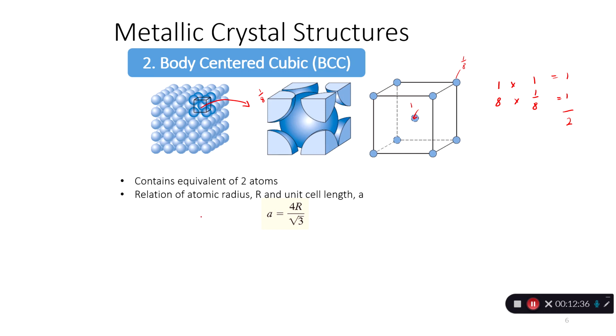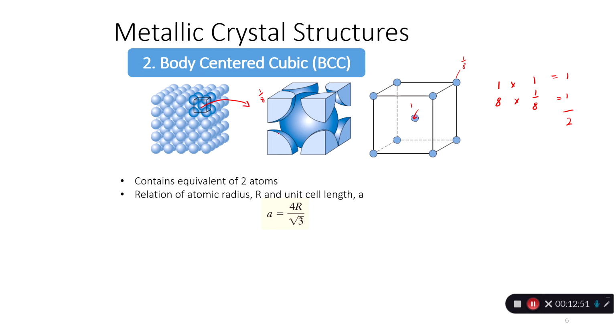Okay, so the relation of the atomic radius R and the unit cell length A. I'm just going to brief you on this. I will give you an exercise maybe in the next class on this, but there's a tip.